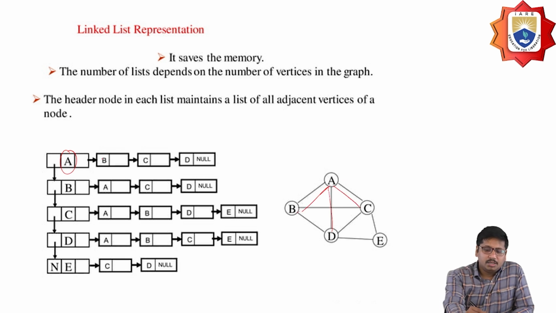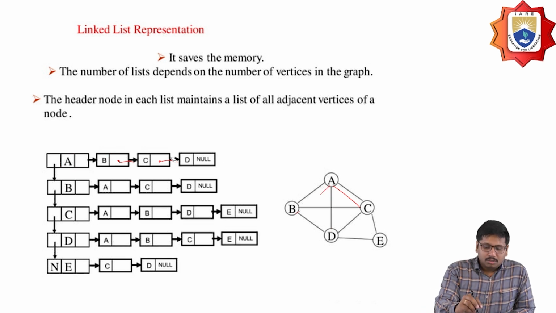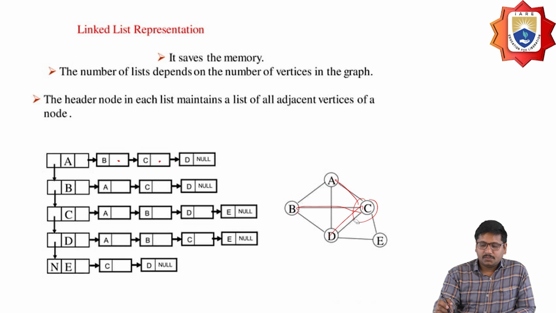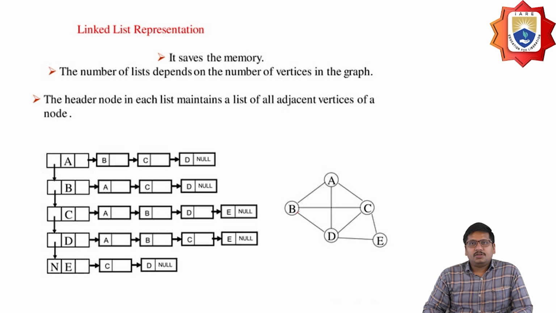B, C, and then D. Similarly, if I'm going to construct B here, so A, B to C, and B to D. And next one, C: C to A, C to B, and C to D. Then D: D to A, D to B, and D to C. So like this, we are going to consider this linked list representation of the graph.